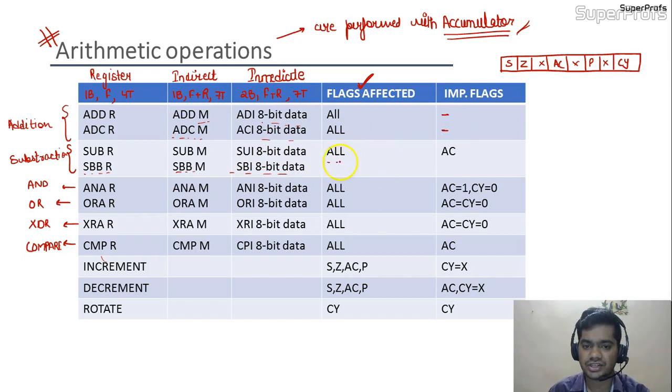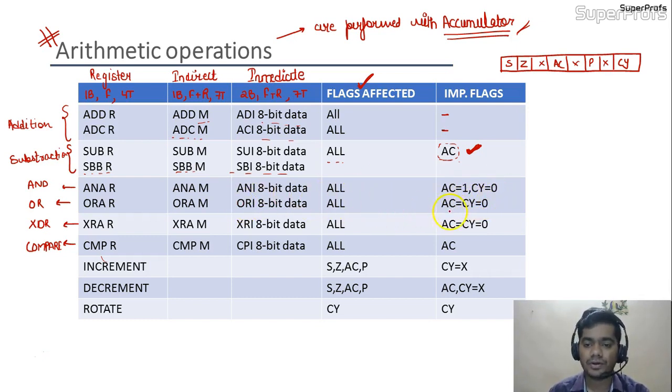Similarly, for subtraction, all the flags would be affected, but the auxiliary carry flag should be taken into consideration very importantly, because there is a different way to check this auxiliary carry status. For AND and OR operations, all flags would be affected, and the most important flags are AC, which would be at logic 1, and carry, which would be at logic 0.